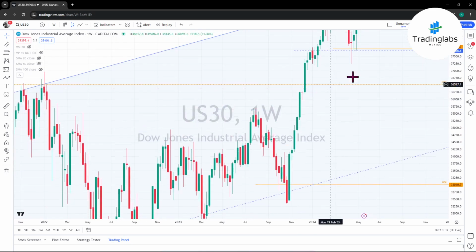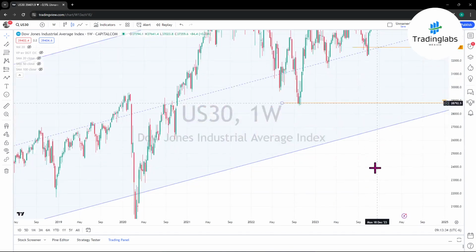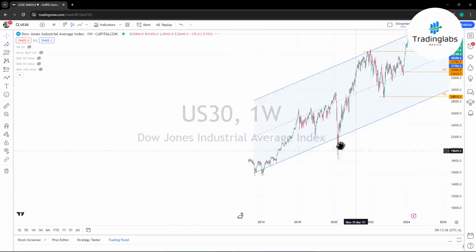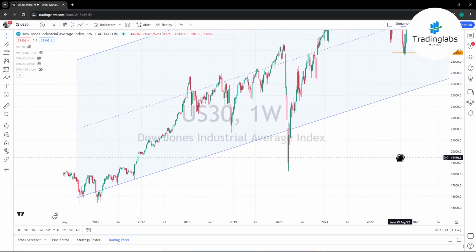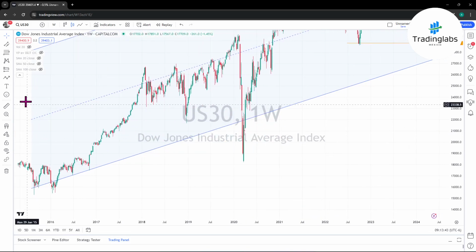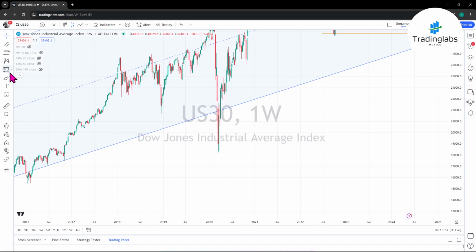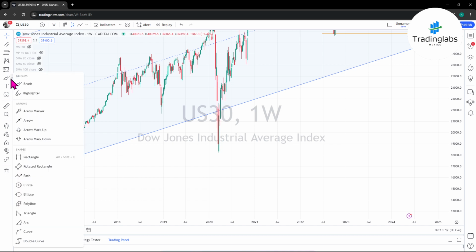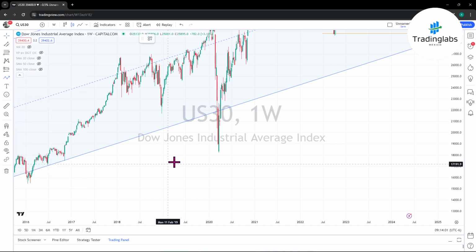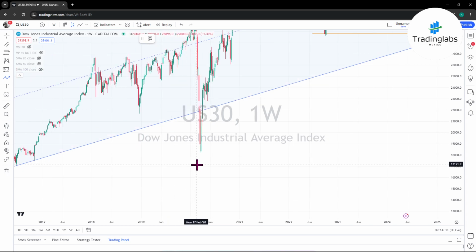So right now we go to the Fibonacci. Let's go to the Fibonacci. In order for the Fibonacci to work, it should break one high or one low.